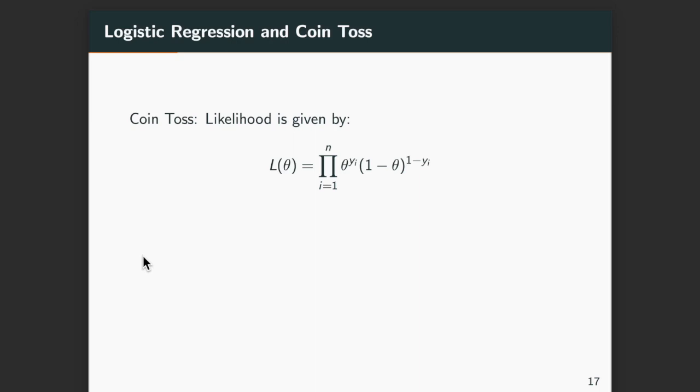Right? So this is the likelihood for the coin toss: theta to the power yi into 1 minus theta to the power 1 minus yi. yi is your observation, which is either zeros or ones. Theta is your probability of heads. Right? What is the equivalent in logistic regression?